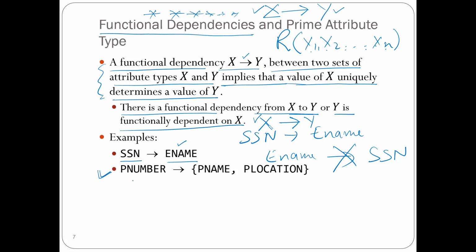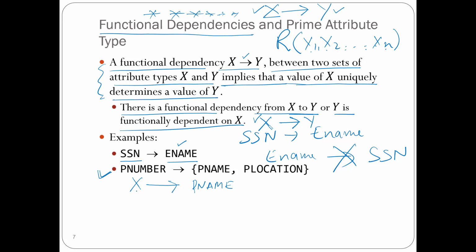Here, we have in fact two functional dependencies written in one statement. It is very common to write this way. Our X here is P number, which is project number. So if the project number is given to you, you can uniquely determine the project name, because the project number should be unique. It's the primary key.